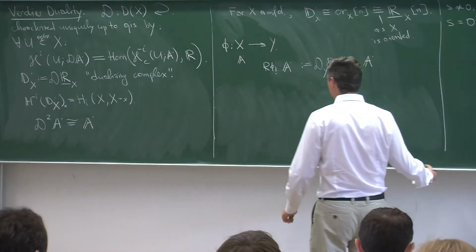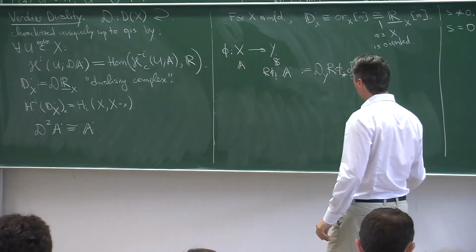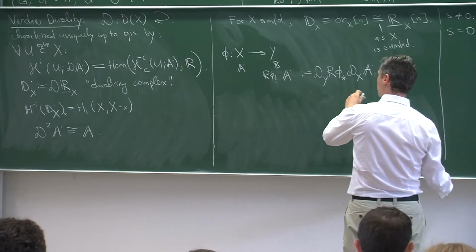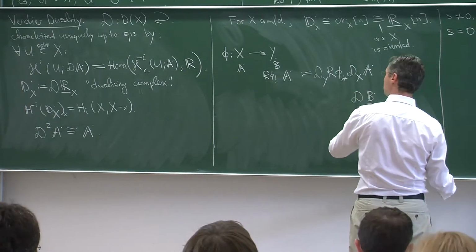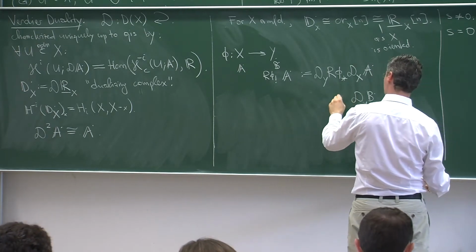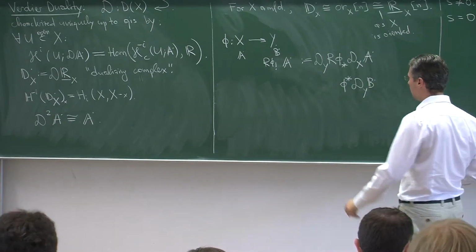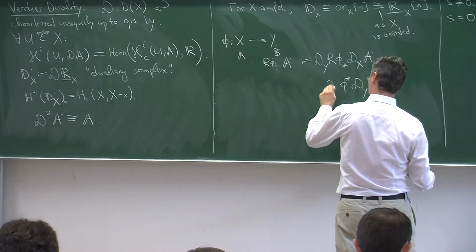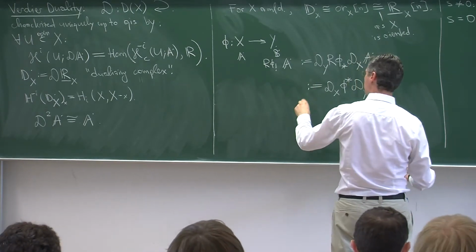And similarly for the pullback, if you start with a sheaf complex B on Y, you can do a similar thing. You can dualize first. So you take B, you dualize first on Y. You pull back. I don't have to derive it because pullback is exact. Then I dualize on the other space, on X. And this also gets a name.